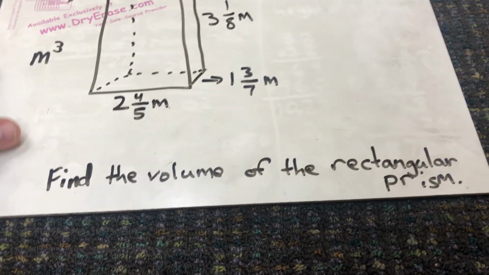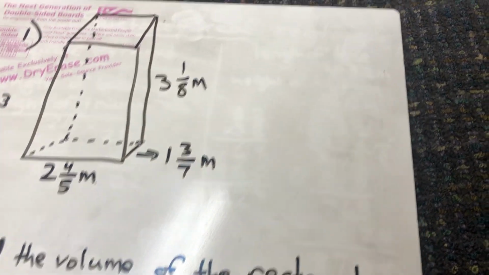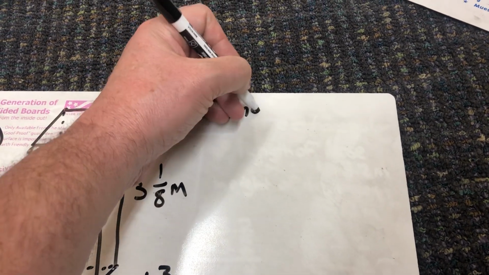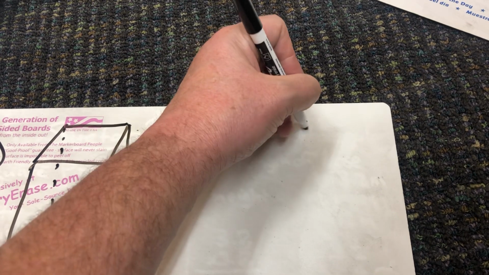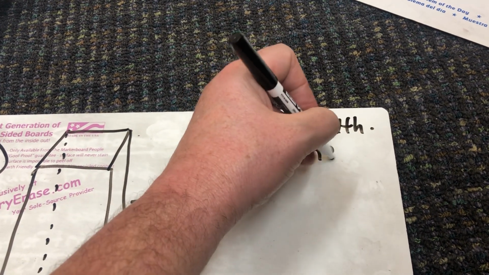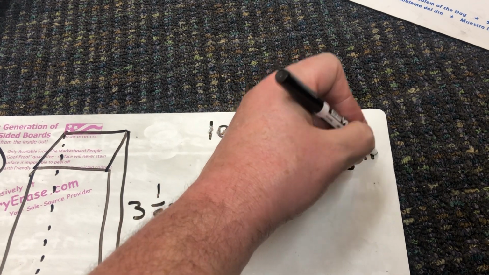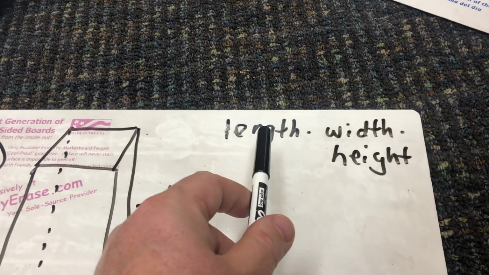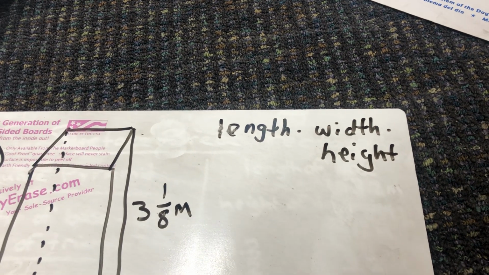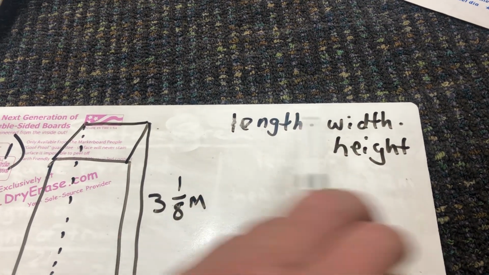The formula for the volume of a rectangular prism is basically length times width times height. How long it is times how wide it is times how tall it is. Length times width times height.